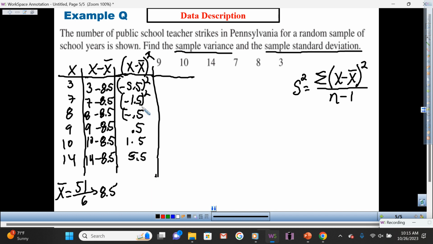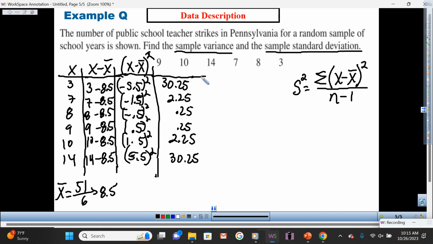Squared, squared, squared, squared, squared. What is 5.5 squared? 30.25. 1.5 squared, if I can recall, is 2.25. 0.5 squared is 0.25. 0.5 squared is 0.25. 2.25 and 30.25.